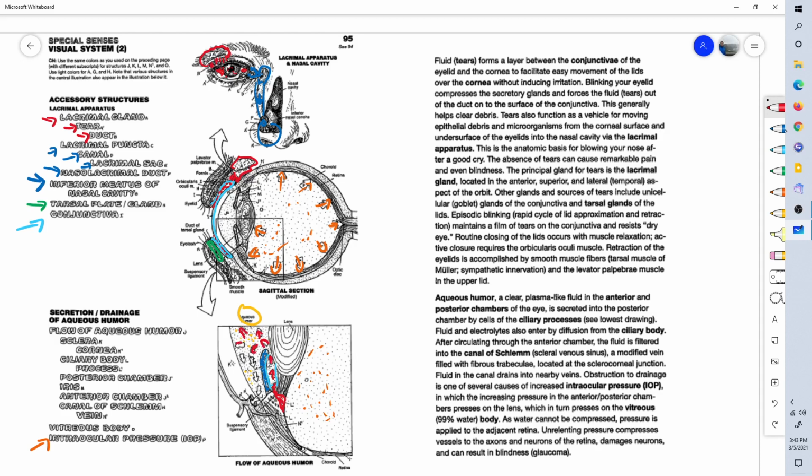This is the anterior chamber of the aqueous space. And the drainage spot, where the aqueous humor drains, is called the canal of Schlemm. And it's attached to a vein, the canal of Schlemm here is attached to the vein here that takes this fluid outward.